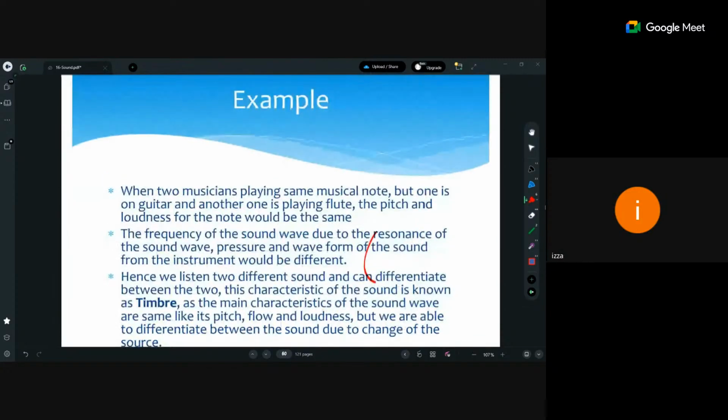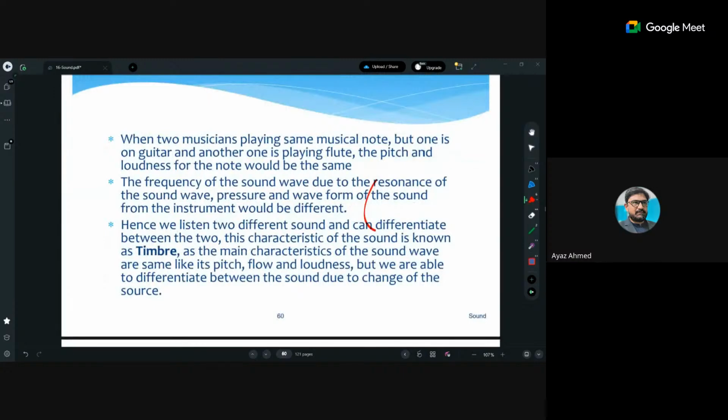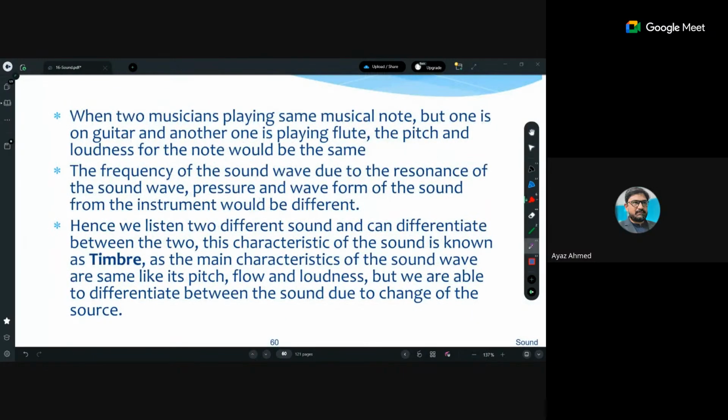Yes. Okay, so in this case, that property of the sound by which we can distinguish two instruments. I mean, I am an instrument of the sound, there is another instrument.